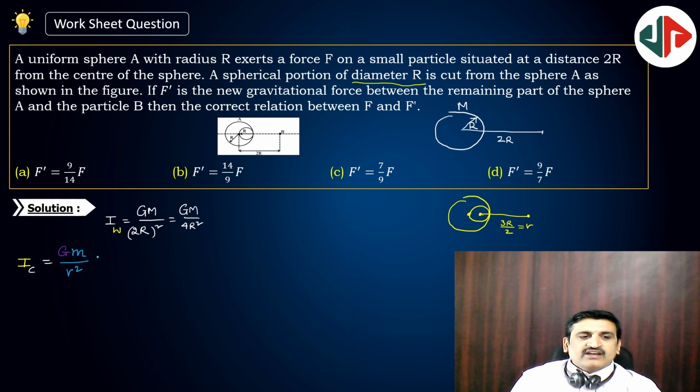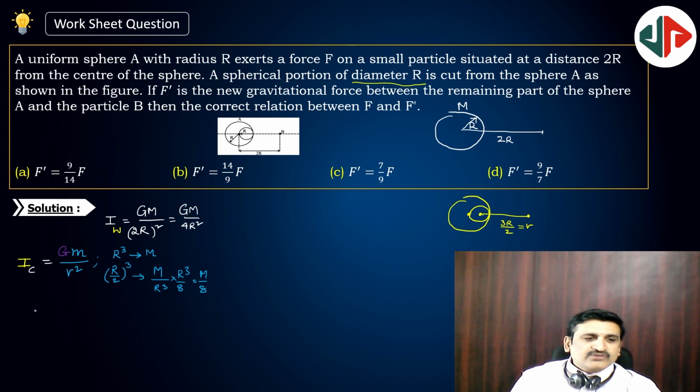Here, I need to calculate mass. You see, r cube volume contains a mass of capital M. Then the radius is r by 2. R by 2 cube contains how much mass? M by r cube into r cube by 8. So it is nothing but M by 8. Its mass is M by 8.